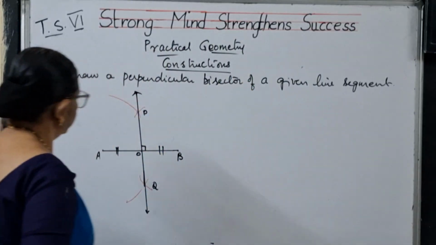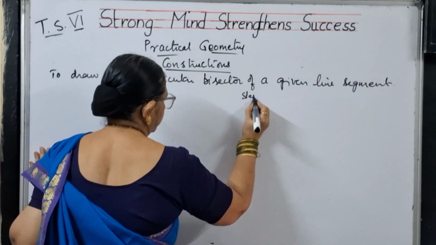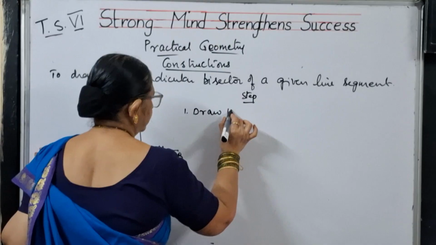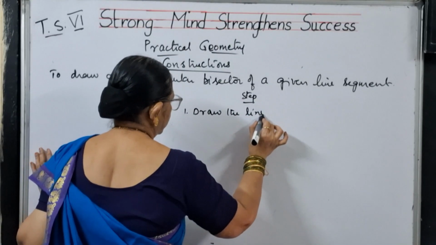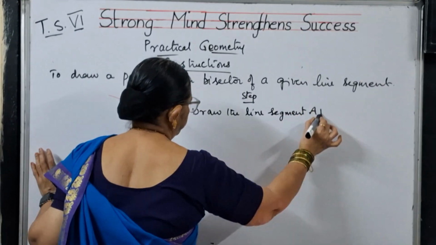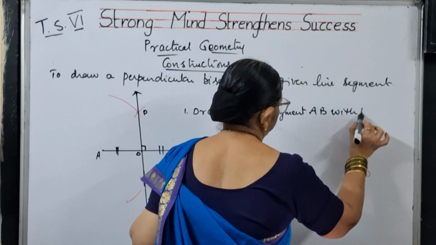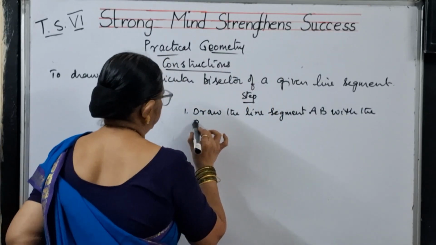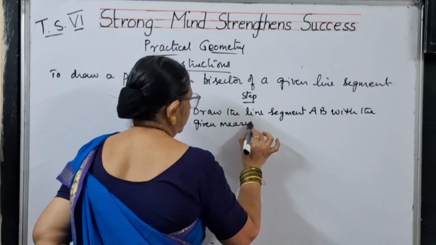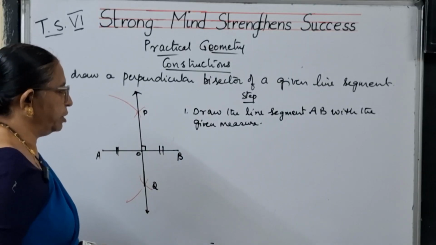Now let us see how these steps should be written. First step. What did you do? You have to write first, draw the line segment AB with the given measure. If they won't give any measure, you can just write draw a line segment AB.